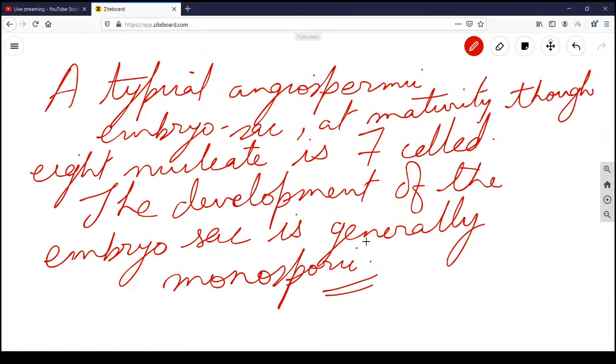Know it very clearly. This is what we should be comprehending. So this is what happens.